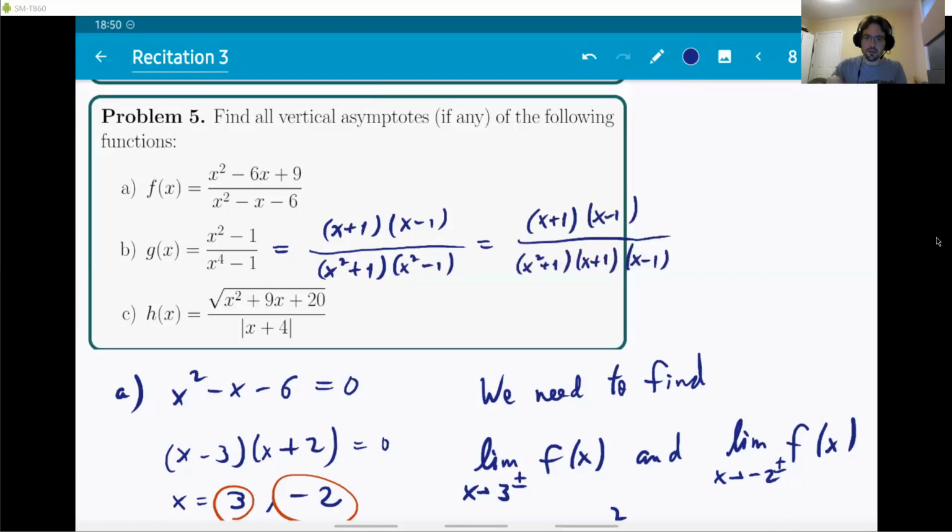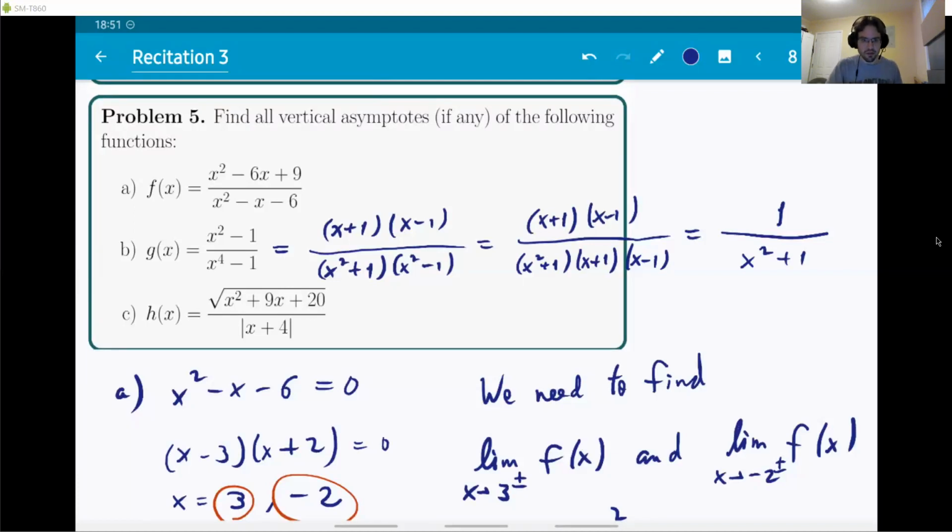So this is the function fully factored, and you see that after canceling, the function is actually equal to 1 over x squared plus 1, except at the numbers where you could not do this cancellation, which were minus 1 and plus 1. So those are the numbers where the asymptote could possibly happen, and you have to analyze the limits in there. But I'm going to leave this to you.